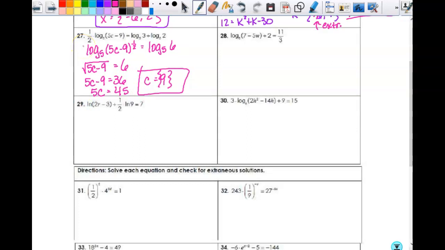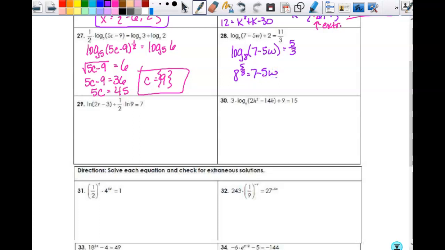All right, number 28. I'm going to need to start by subtracting 2 from both sides, so I'll get log base 8 of 7 minus 5w equals, so if I'm going to subtract 2, it's really like subtracting 6/3, so this leaves me with 5/3. So now I can rewrite it as an exponential, and 8 to the 5/3 power equals 7 minus 5w.